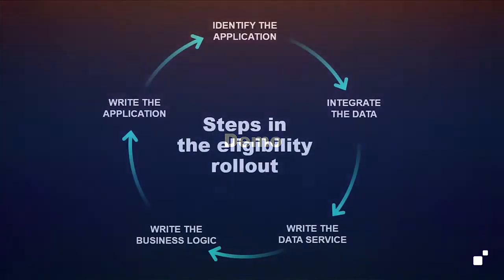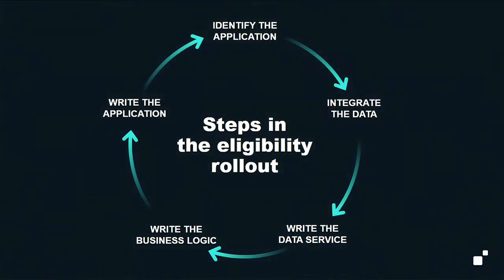Okay, so to summarize the steps that Sarah and the team went through, they went through this cycle on their first application. They identified the eligibility application. They integrated the data, the person and program data for that application, ruthlessly scoping so that they didn't try to boil the ocean, didn't try to look over the horizon and anticipate the future.